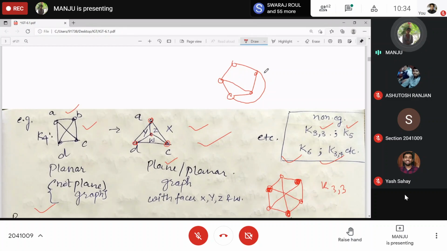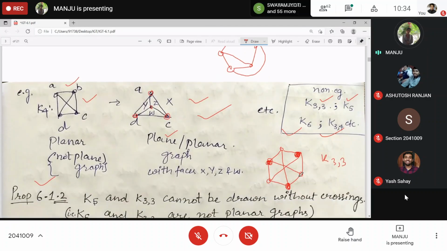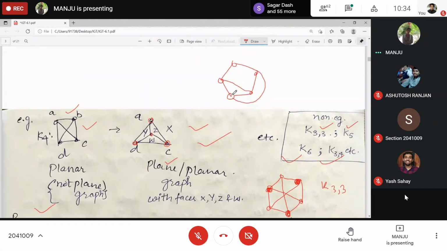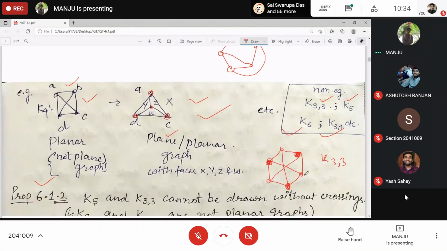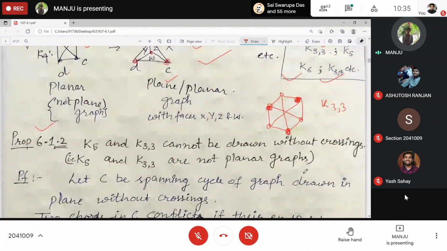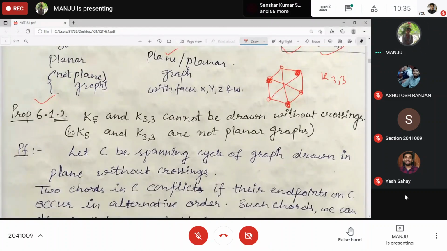So if there exists a third chord that alternates with these, that cannot be drawn as a plane part, not inside, not outside, right? It will always cross either of these. So if C is the spanning cycle, meaning C6 we are taking over here, C6 is the spanning cycle of K33.